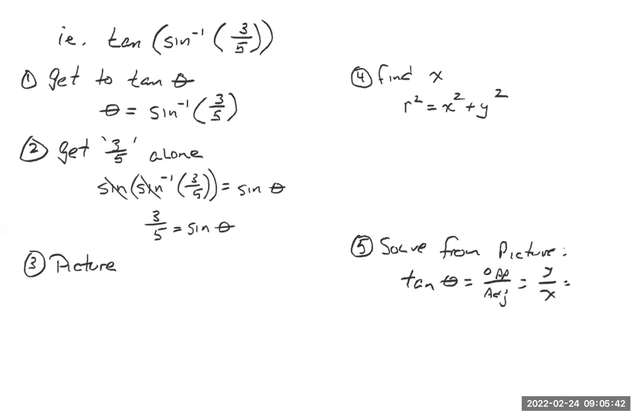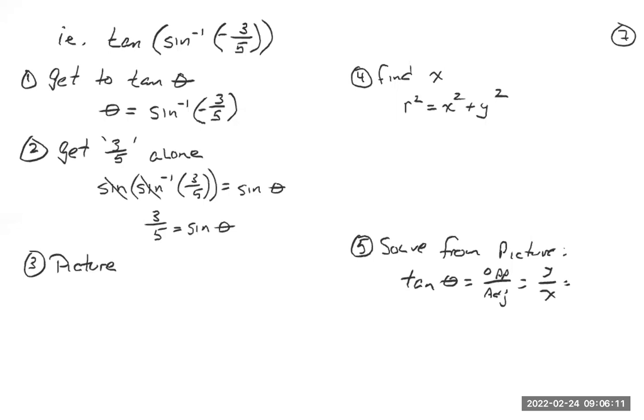All right, so let's change this and talk about what happens if we're not looking for a positive, but we're looking for a negative. So the only thing we did is I made 3 fifths negative. I still have to get to the tangent of an angle. I'm going to set the angle equal to arcsine of the value.